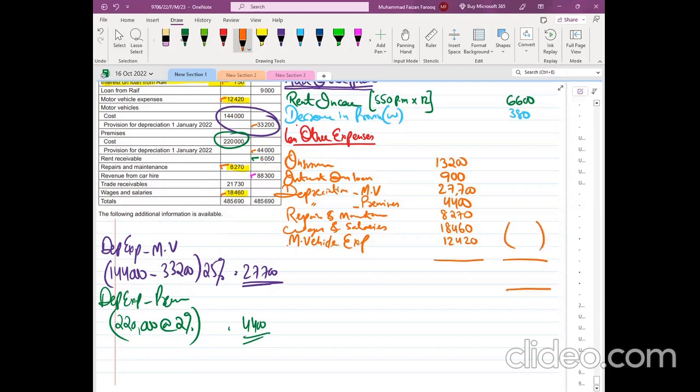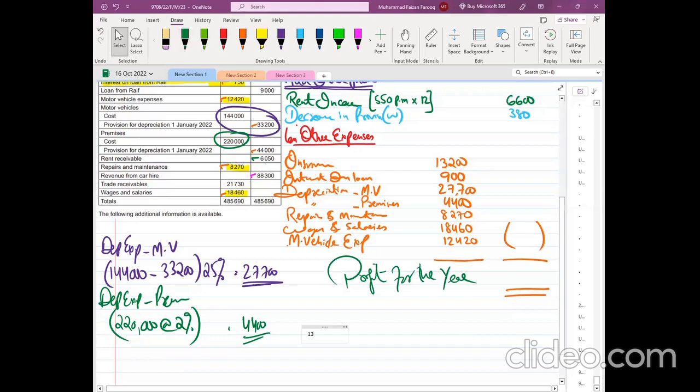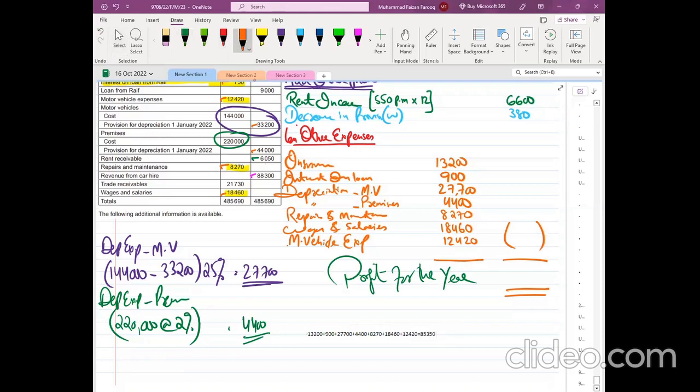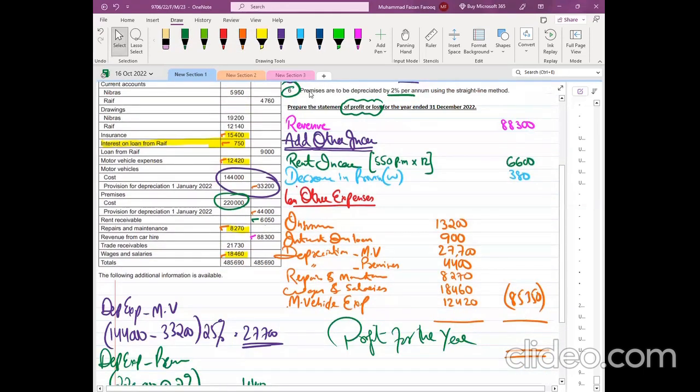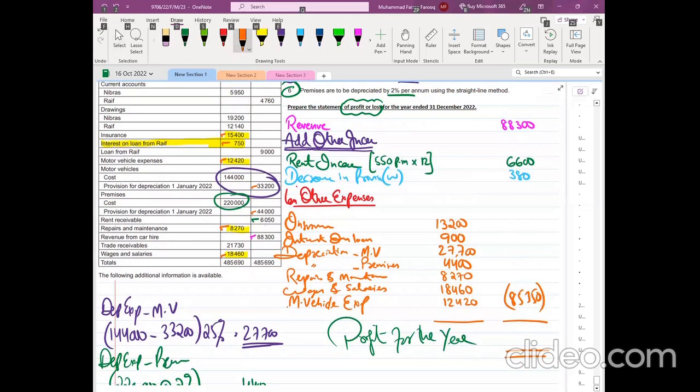And the final answer, which is the profit for the year, or net profit. Here, just make the total, please. 85,350, and altogether we have 88,300 plus 6,600 plus 380 minus this.